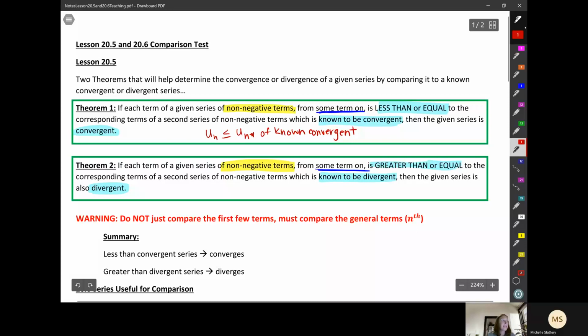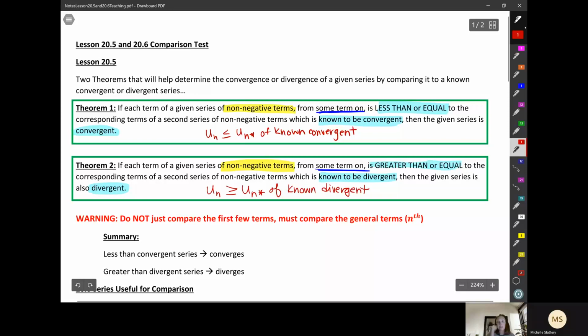So what this would mean is that u sub n of our given series is greater than or equal to u sub n star of a known divergent series.